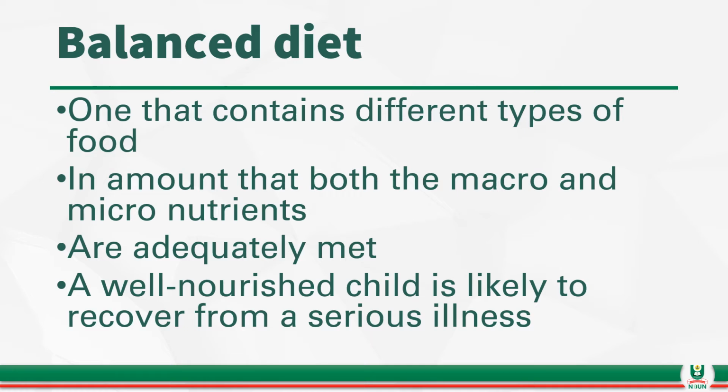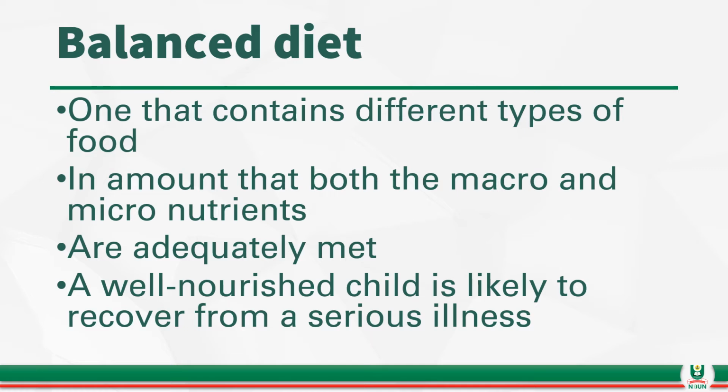And those different types of food must contain the amount of macronutrients and micronutrients in them, and they must be adequately met in those different kinds of food for such food to be called a balanced diet. So there must be an adequate amount of macronutrients and micronutrients in any kind of food that you want to eat for such food to be called a balanced diet.